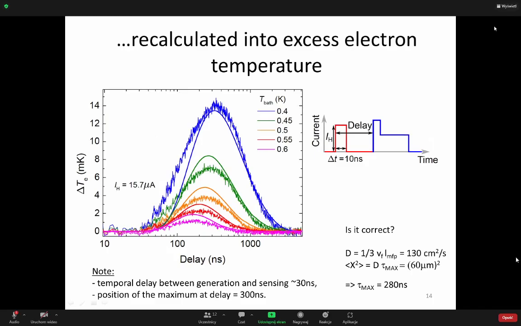Here you see these are in milli-K. For 400 milli-K, of course, the effect is not the most pronounced. Then when you go up in temperature, the speed becomes lower and lower. This is because quasi-particles traveling to the junction are annihilated on the way due to electron-phonon coupling, which becomes very effective at higher temperatures. Also, they have to heat other cold quasi-particles on the way.